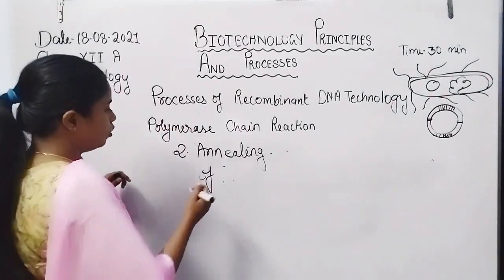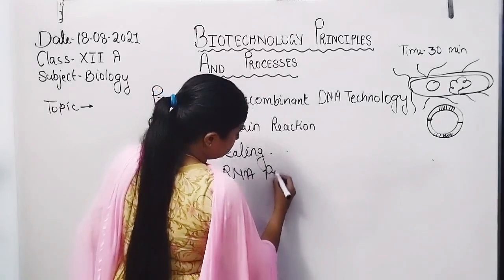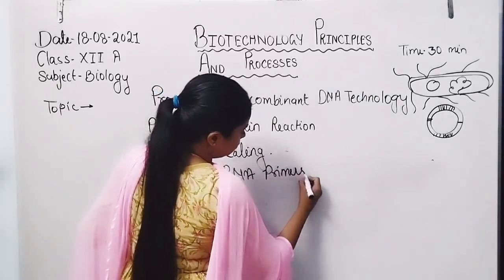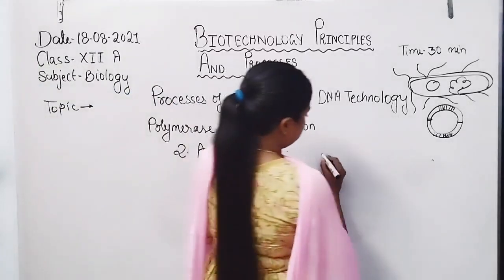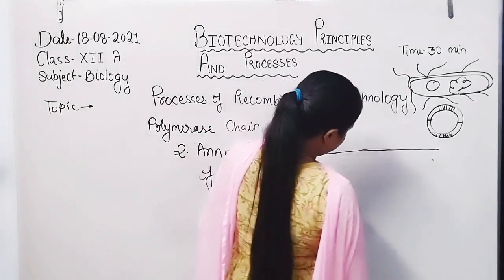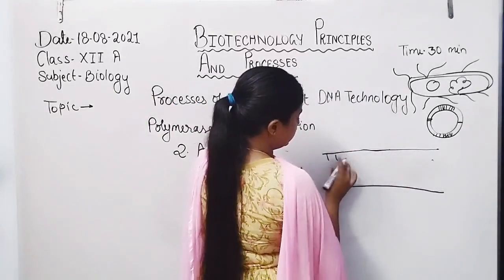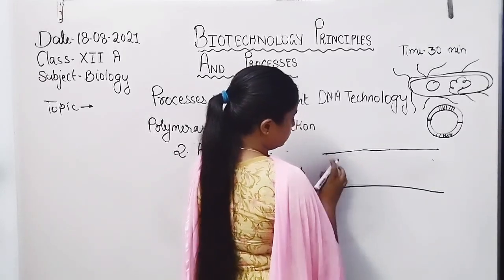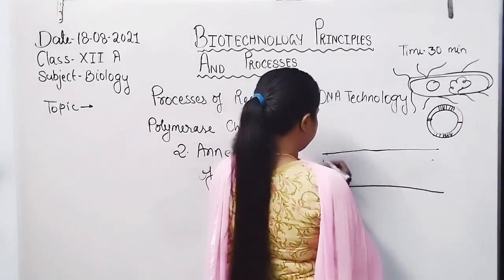So annealing of RNA primers on the DNA strand. Here is the DNA strand, the polynucleotide chain. Both the strands get separated.